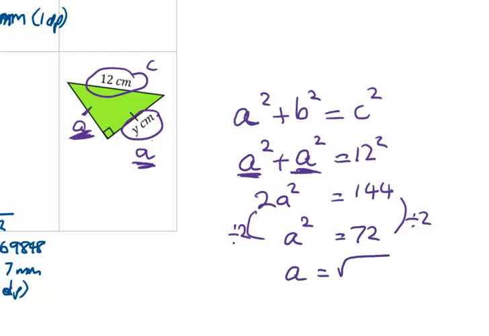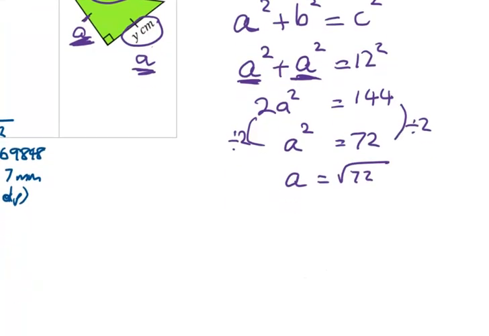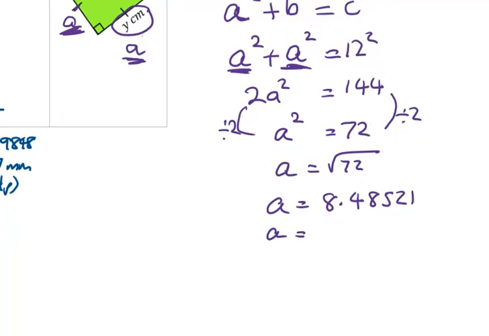So a is equal to the square root of 72, which will work out to be 8 point something. Let's have a look. So a works out to be 8.48521. So rounding that, I'll round that to 8.5 centimeters.